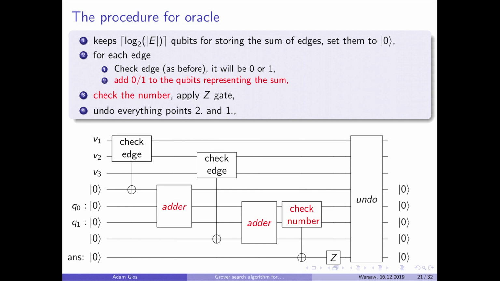Unfortunately, we cannot check it before, because we would need to measure the qubits, which is prohibited before the final measurement, because it changes our computation. But we can just always add.